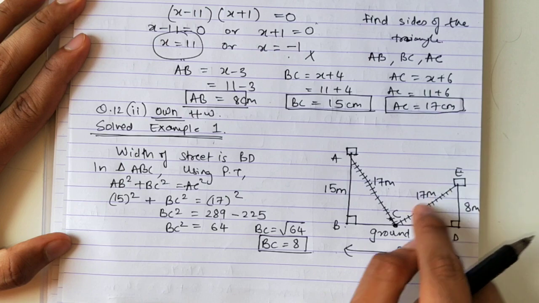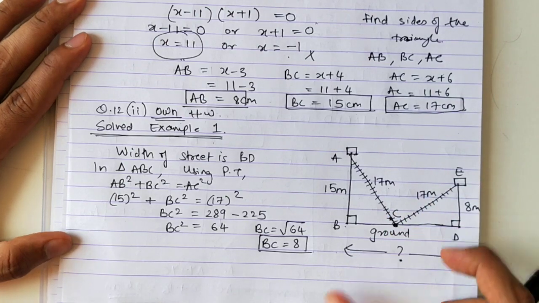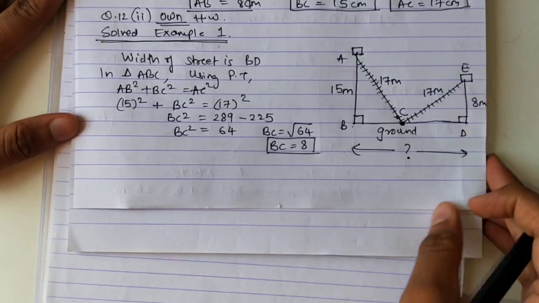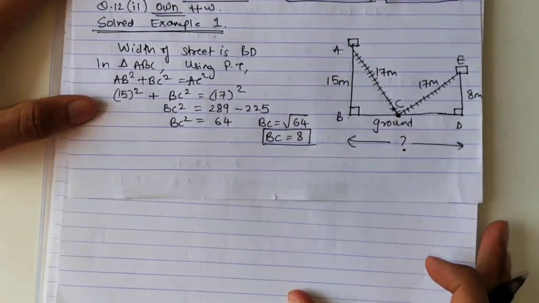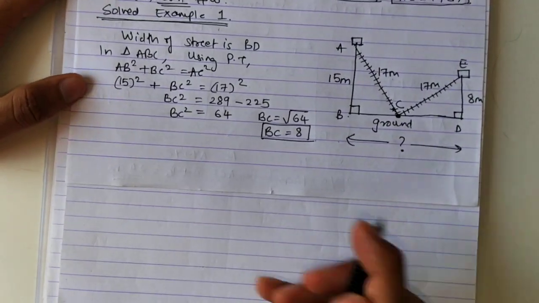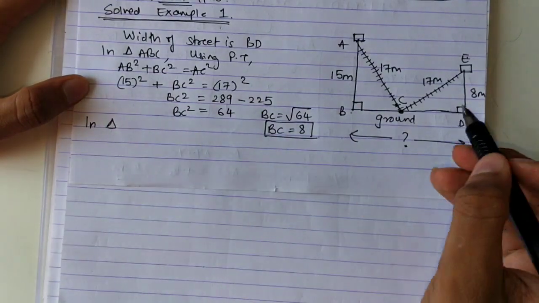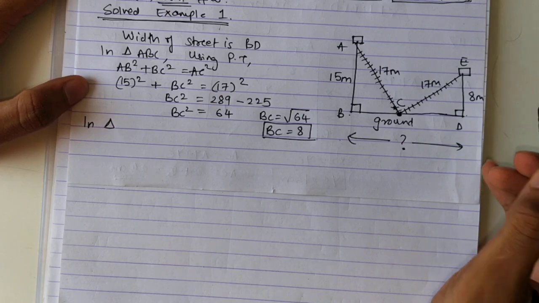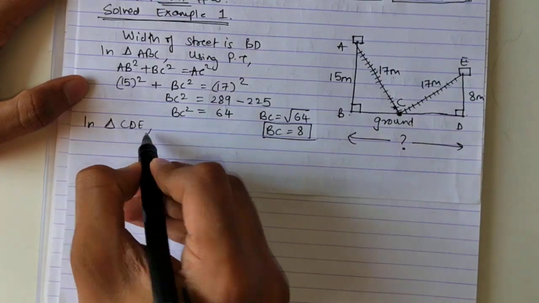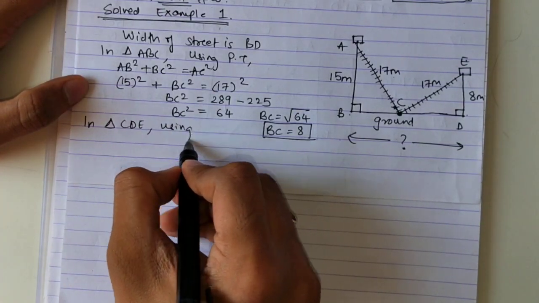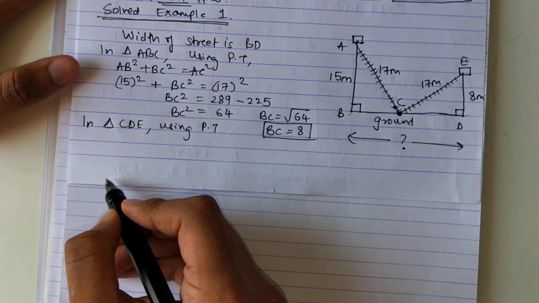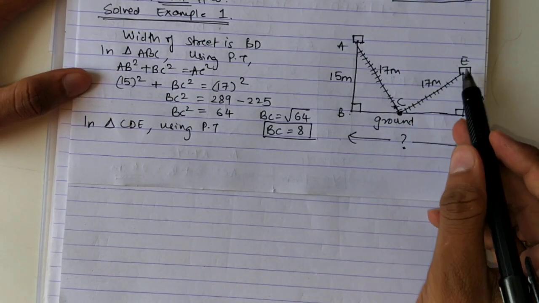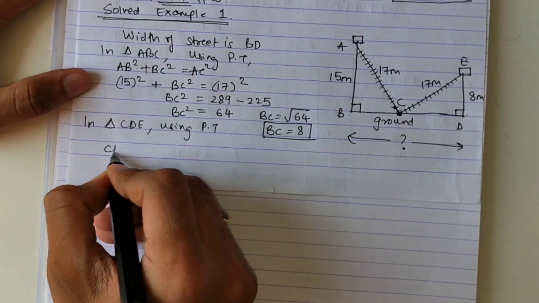Now let's find in this triangle what is CD. So again Pythagoras theorem. In this triangle, let's name this triangle CDE. Using Pythagoras theorem, CD square plus DE square equals CE square.